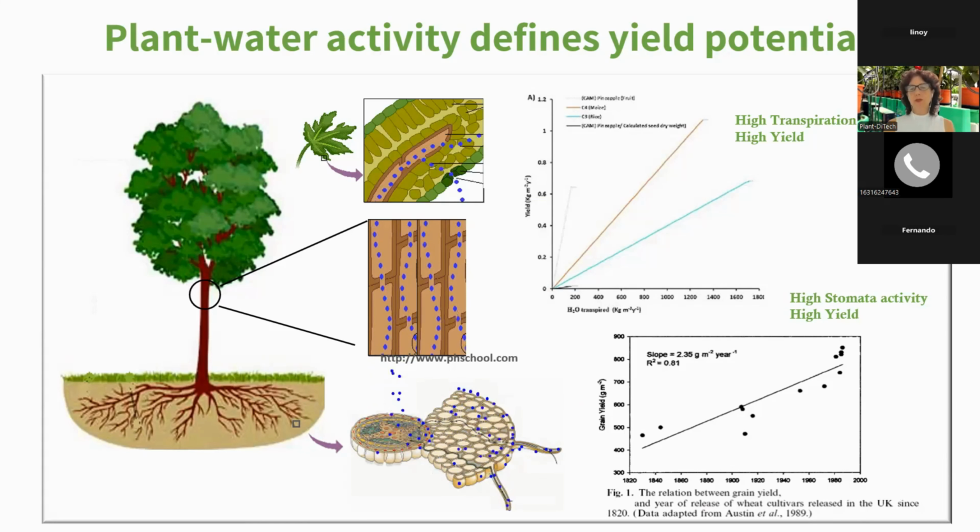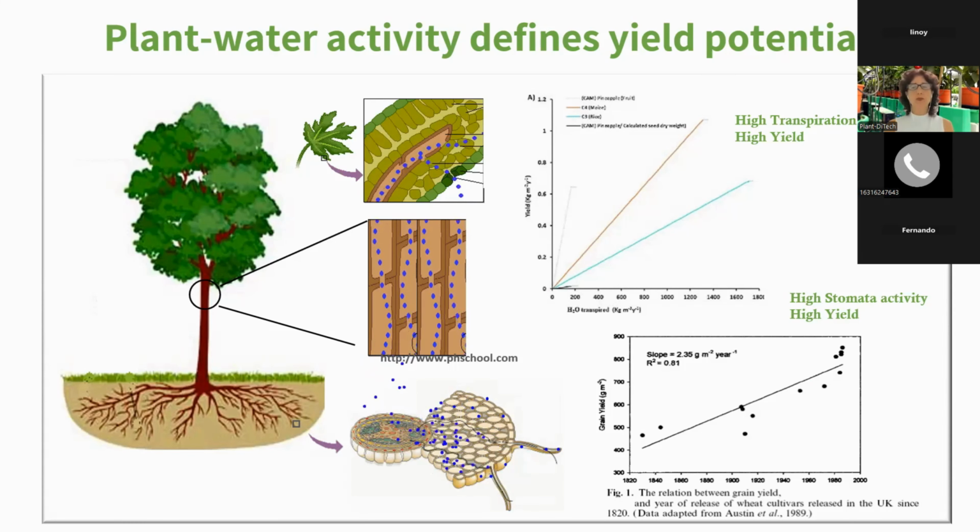And also what we know from the science, this is something that we all know, is that transpiration and stomata activity, because of CO2, have a direct correlation to yield. Also, the opposite of it, the plant water loss, has a direct correlation to yield.